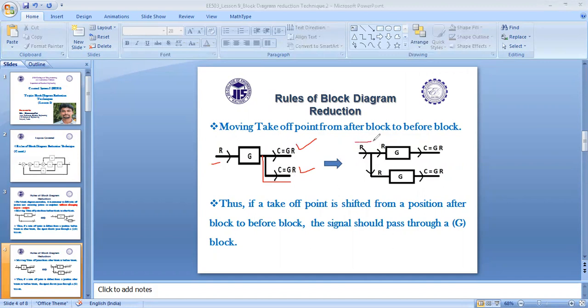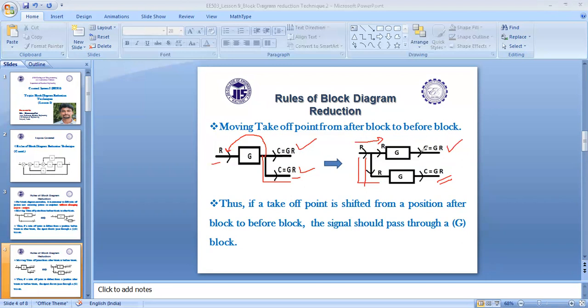This R signal will be entering G, and will produce GR. But as the takeoff point is shifted before the block, now this signal is R. But at the output, to keep the same output should be GR. Here we have the R signal which must pass through the G block to produce GR.